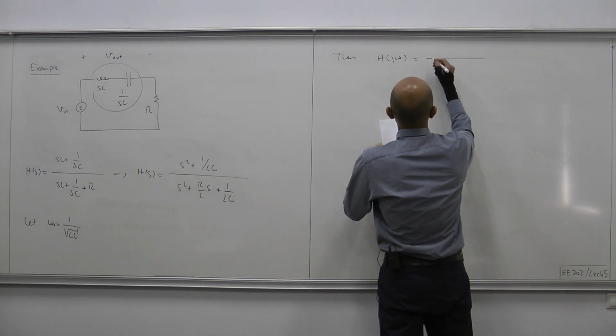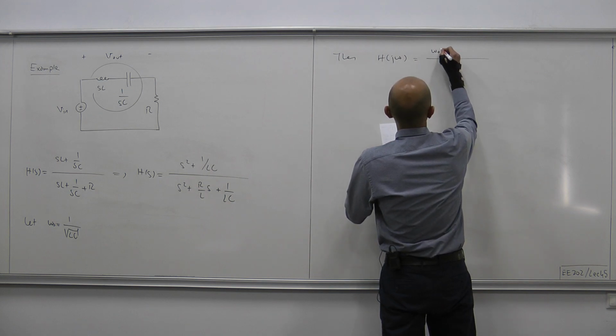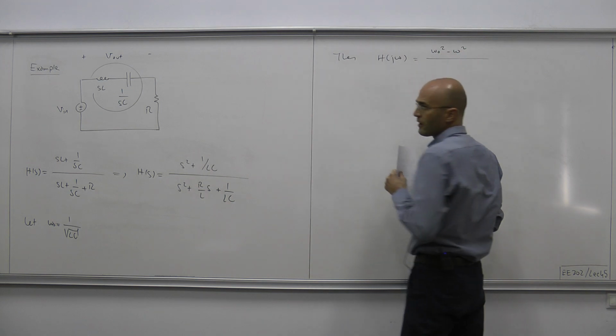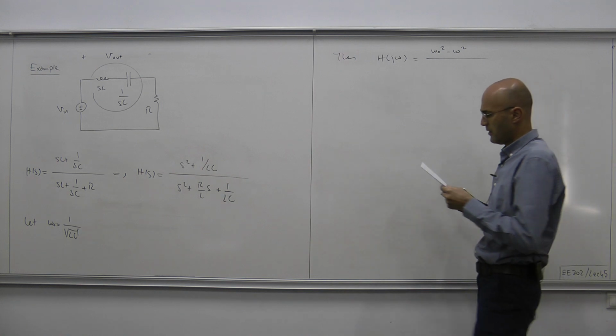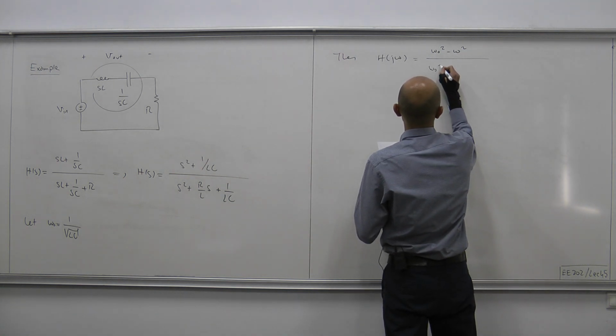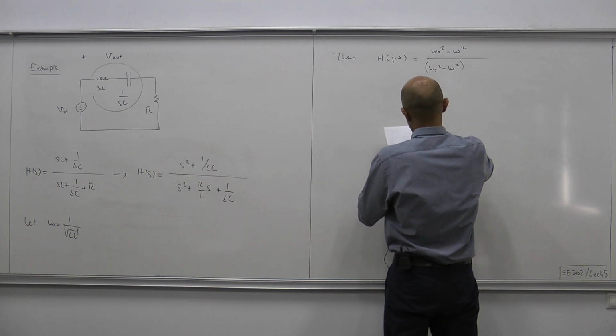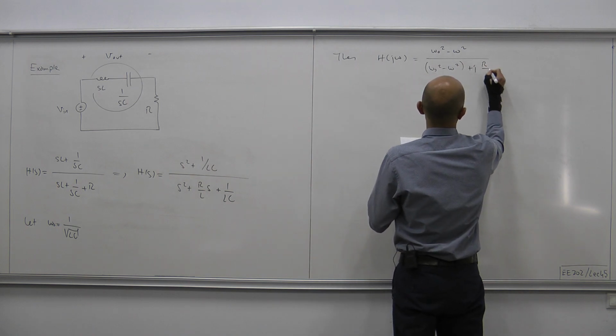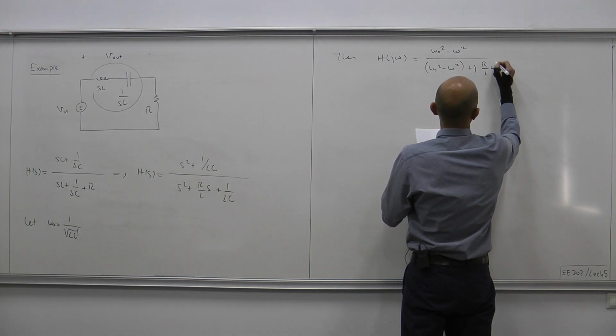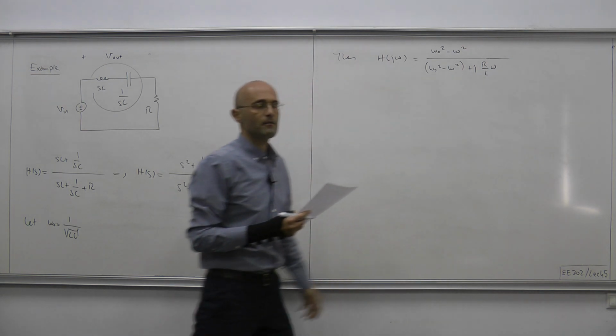What we have as H of omega is omega 0 squared minus omega squared as our numerator, and in the denominator we have omega 0 squared minus omega squared, which is the real part, and the imaginary part is j R over L omega.